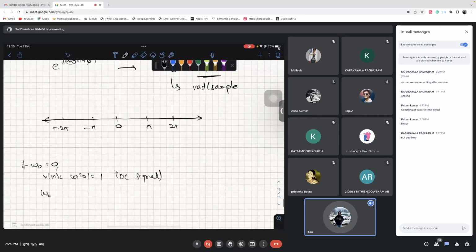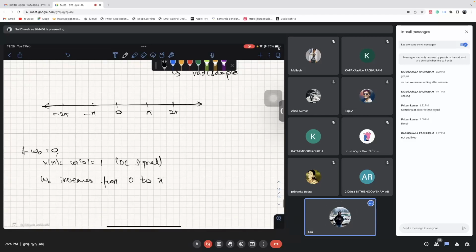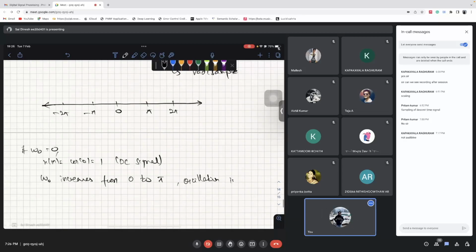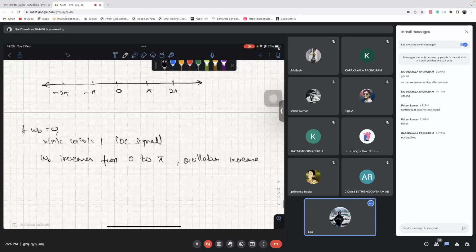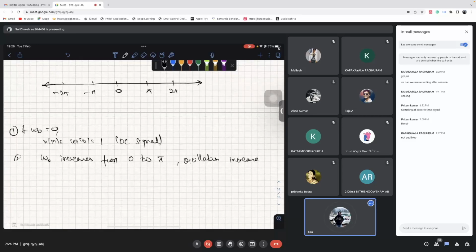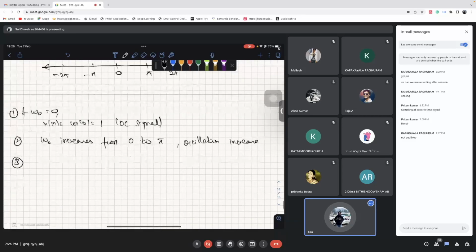But if omega naught increases from 0 to pi, oscillations increase. Let's say omega naught is at pi.